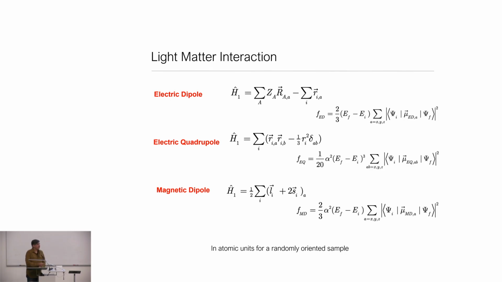And that means that these electric quadrupole transitions are extremely weak unless you're very high in energy. Yeah? And so that's why electric quadrupole transitions are, for all intents and purposes, only sometimes observed in X-ray absorption spectroscopy, but almost never in UV visible spectroscopy.